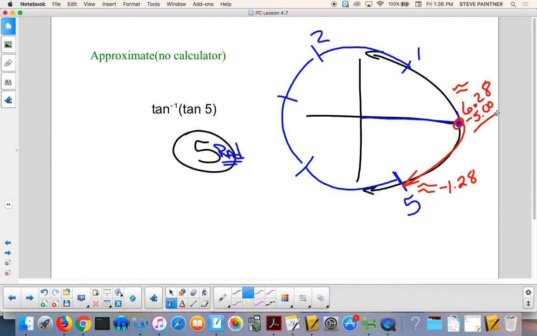Because you're going the opposite direction. You're starting at 0 and you're going clockwise. And when you go clockwise, it's negative. Okay? That's why. So that's kind of a trick problem in a way, because after yesterday, you probably went, hey, answer is 5 radians, done. Don't blame you.